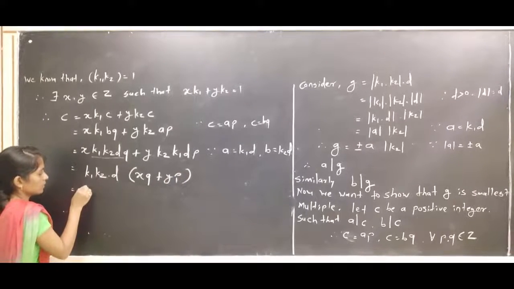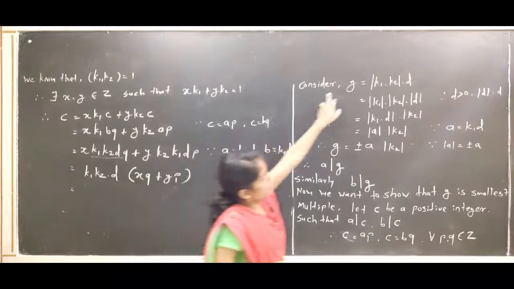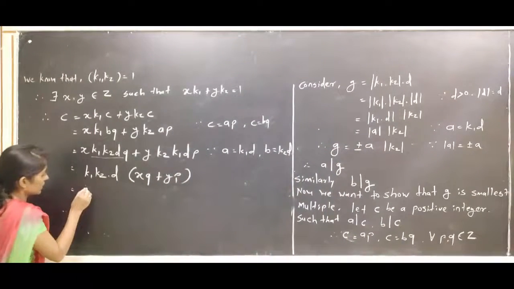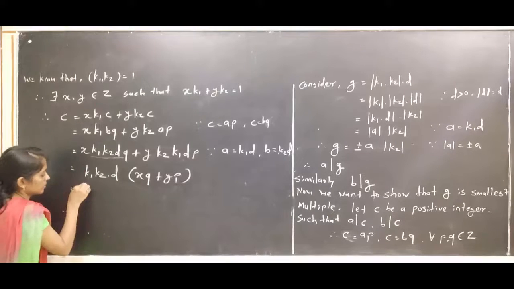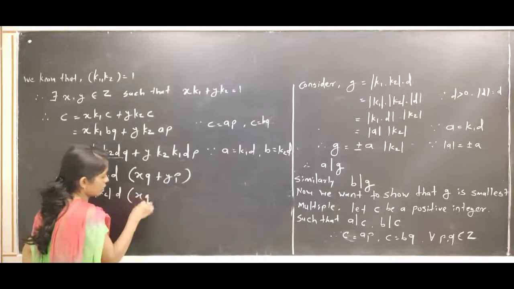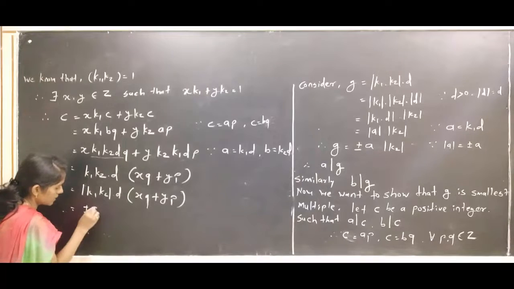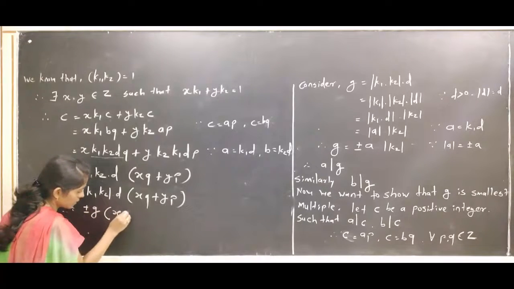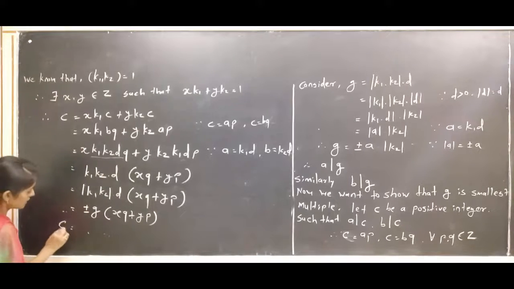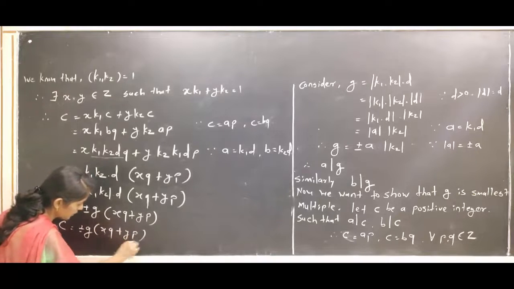So here g is equal to mod of k1 k2 into d. So here we take mod of k1 k2 into d xq plus yp, which is equal to plus minus g into xq plus yp, which is equal to c, plus minus g into xq plus yp.